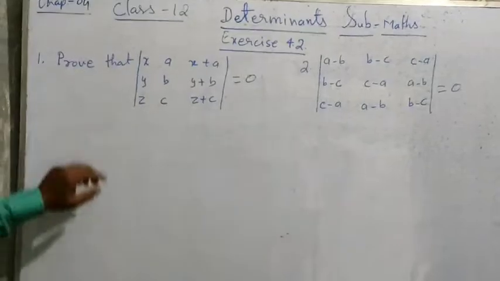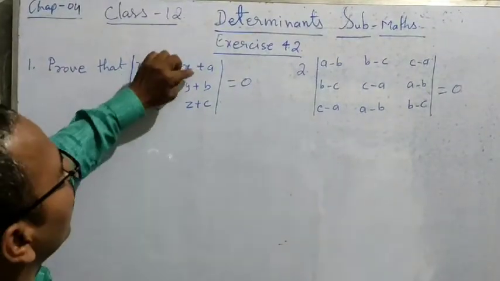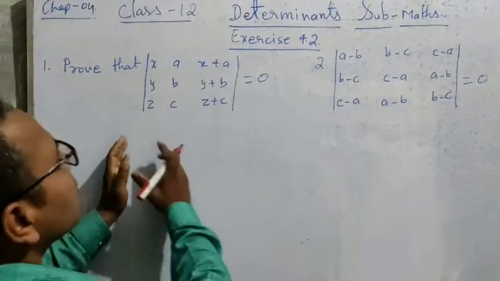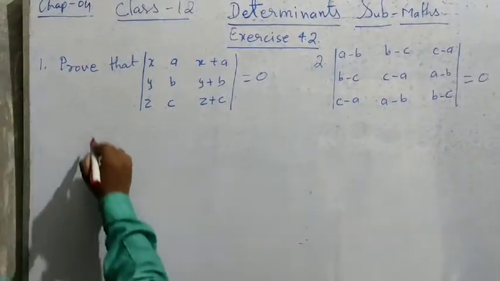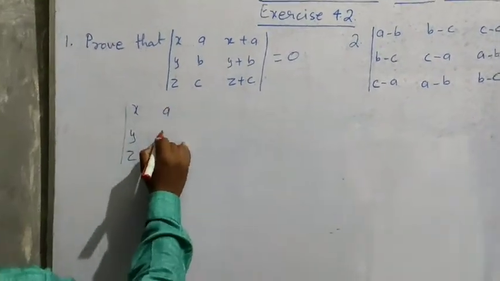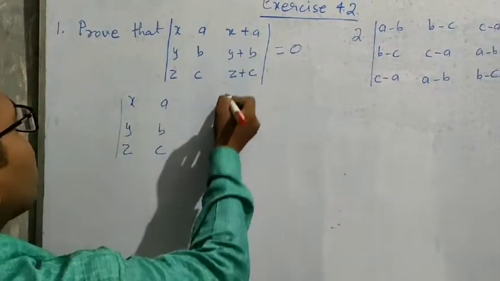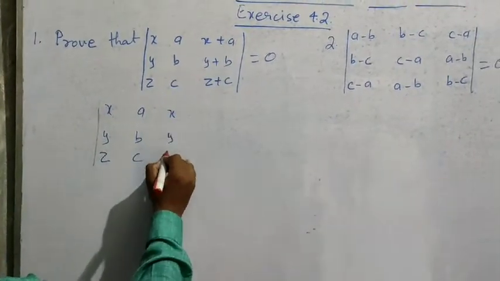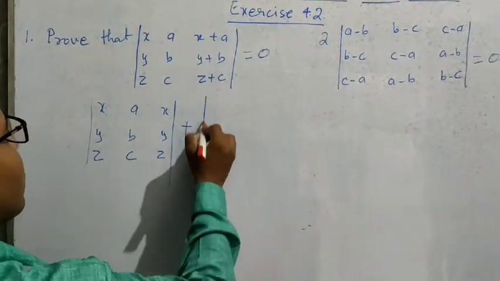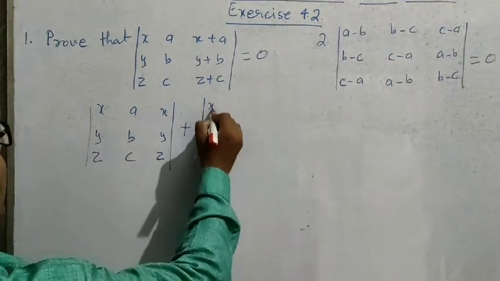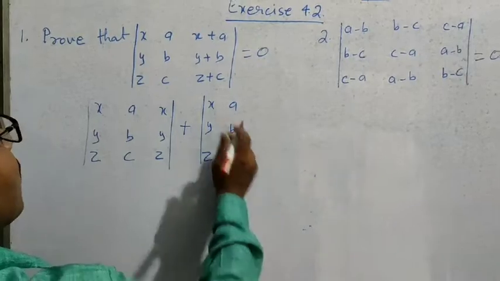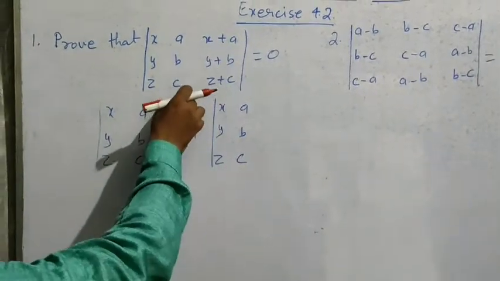So students, here an addition is given in column third, with an addition sign, so this can be split into two determinants. So let's see here: X, Y, Z, A, B, C. Again X, Y, Z can be written here as X, Y, Z. Use this positive sign to split again into determinants X, Y, Z, A, B, C. Now we have used this one in these determinants.